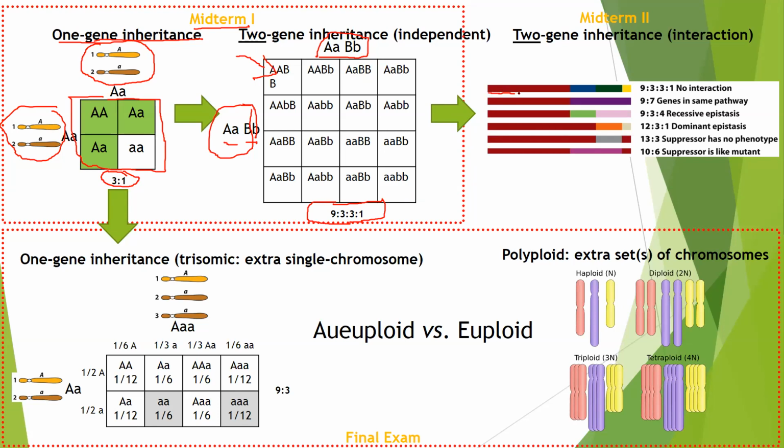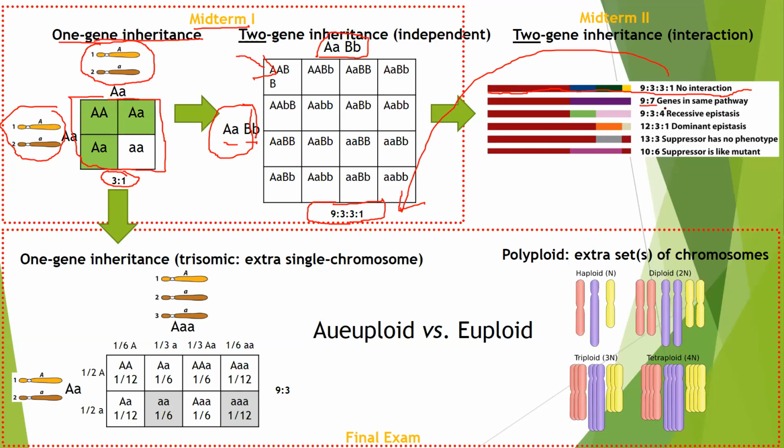If there's no interaction between these 2 genes, you're going to see this pattern as well, just like this. They are independent. However, if the 2 genes are somehow related to each other by some biological pathway, then depending on their relationship, we're going to see different ratios if we do the dihybrid cross, right?